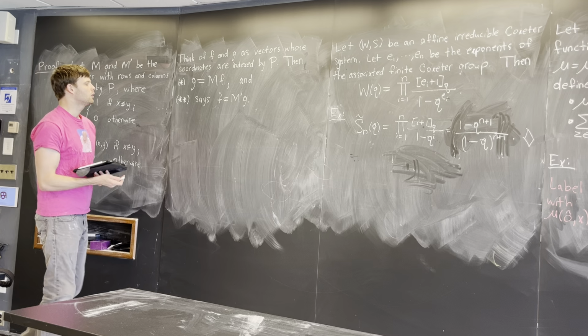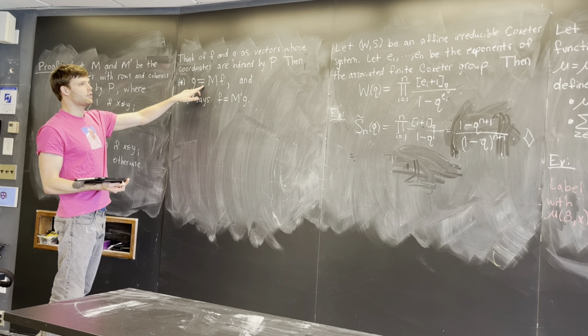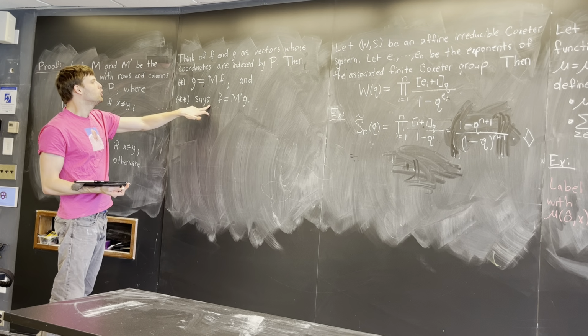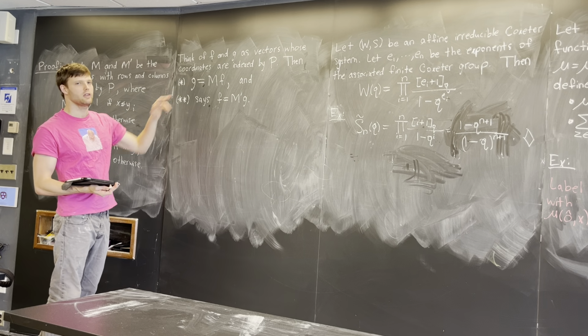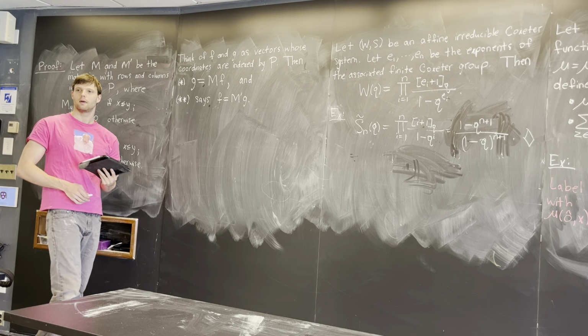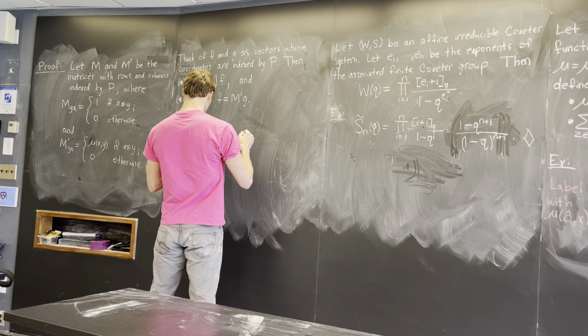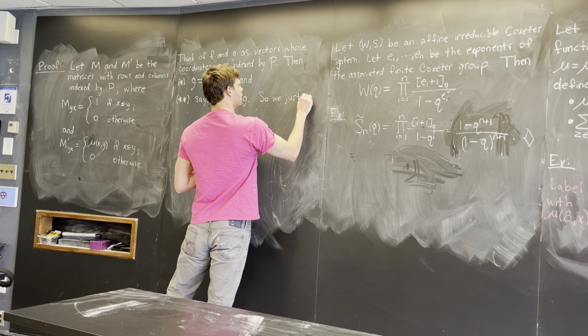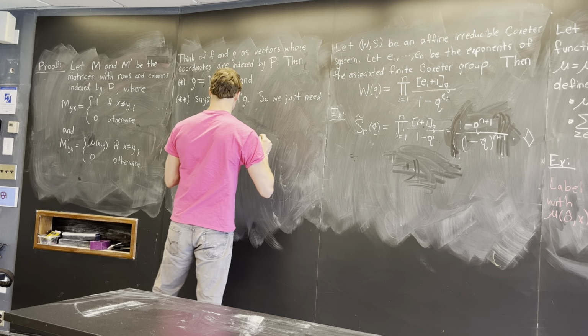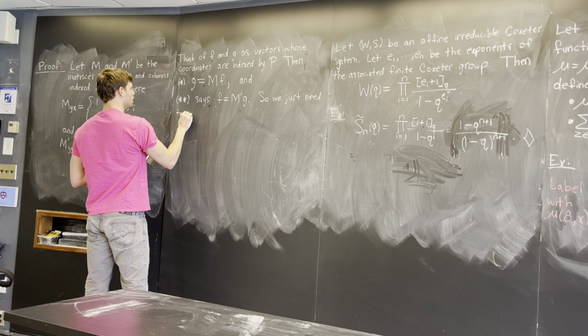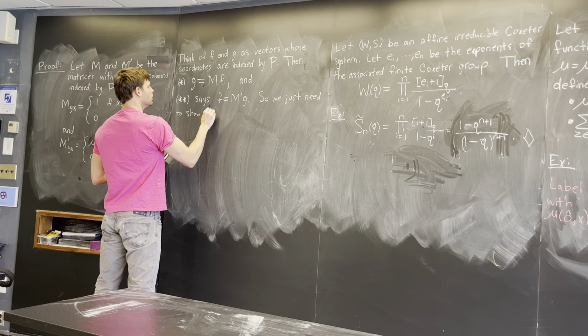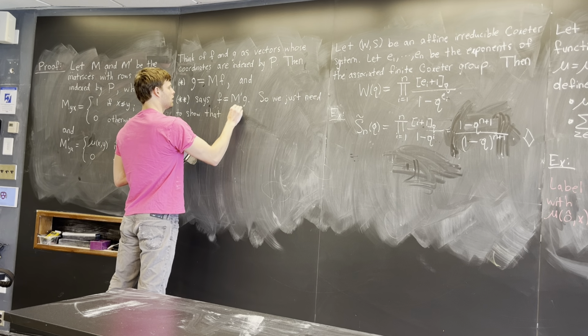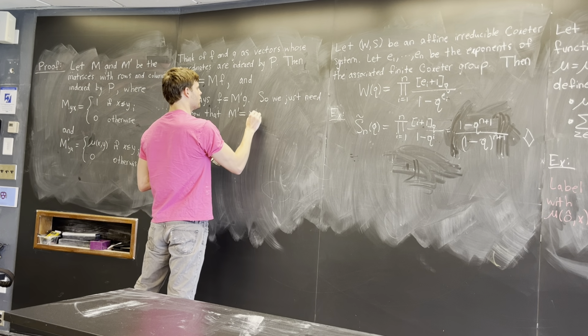So all we need to show, if we want this to imply this, is for M prime to be the inverse of the matrix M. So we just need to show that M prime is just M inverse.